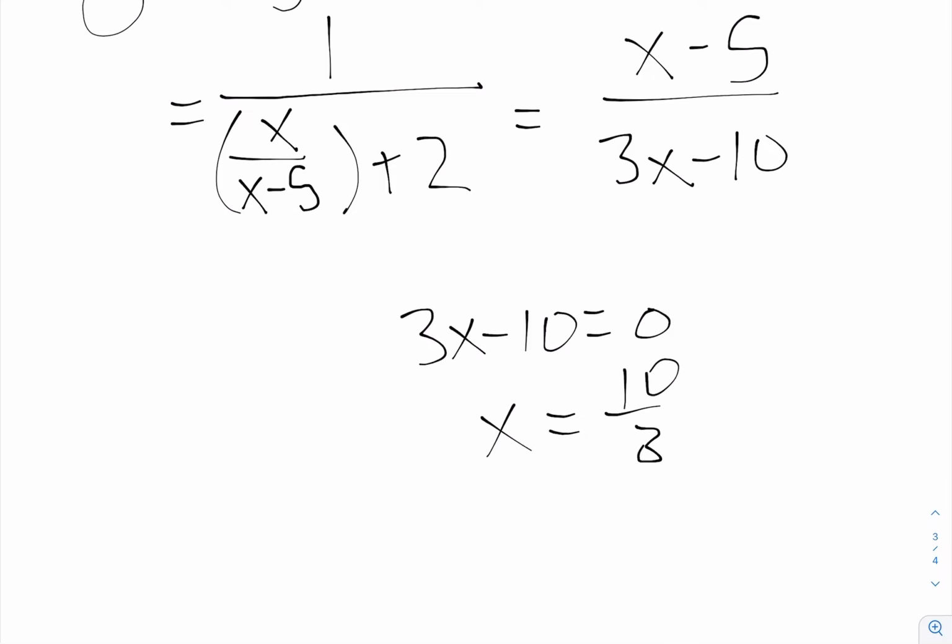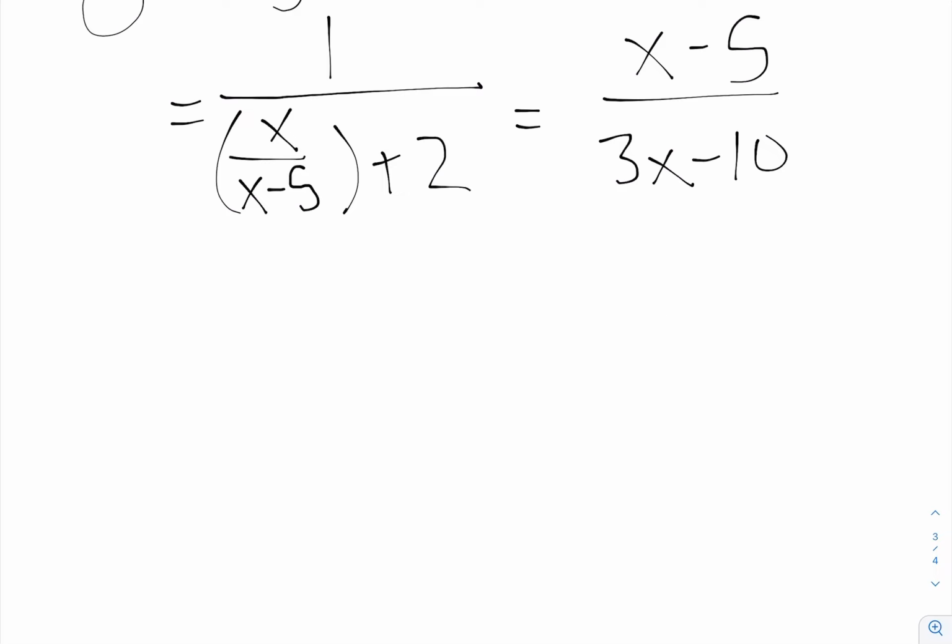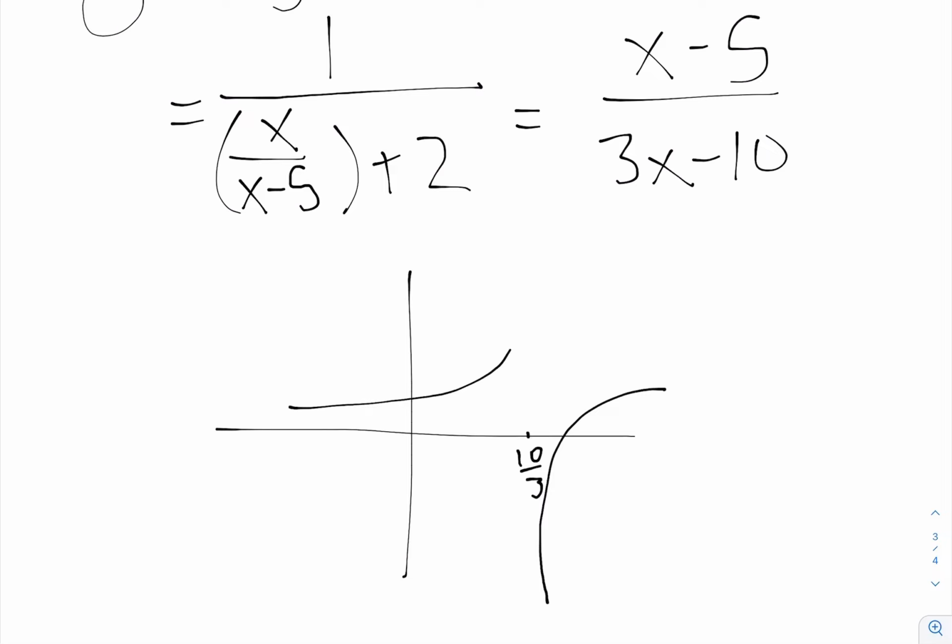At x equals 10 over 3, there is going to be a vertical asymptote. If you were going to graph this, if this was 10 over 3 right here, there would be a vertical asymptote there, looking like this, and then you curve up that way.